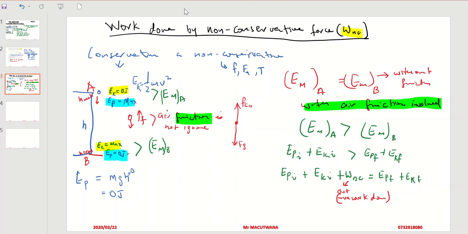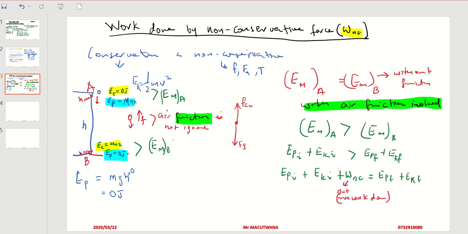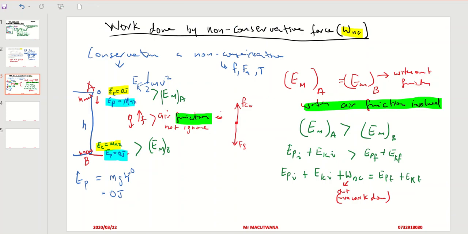All right. Now let's rearrange our formula, so that you can just keep your WNC as the subject. So it would mean then that we have EPF, this one.